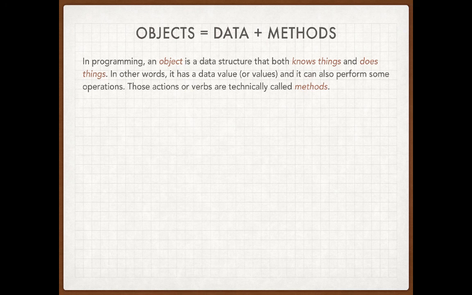You can think about those actions as verbs, and I'll think about them grammatically as verbs as we go through because, hey, who doesn't like a grammatical metaphor? They're always appropriate. These actions or behaviors are technically called methods, and we'll review that a little later when we get to functions as well.